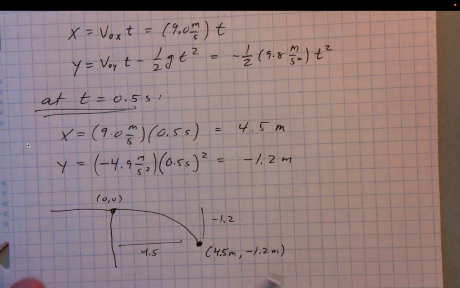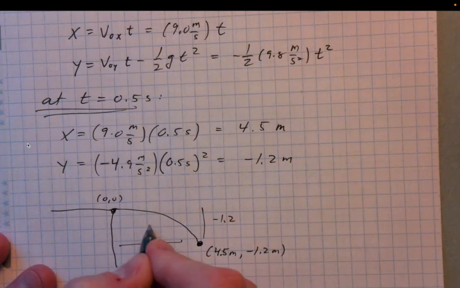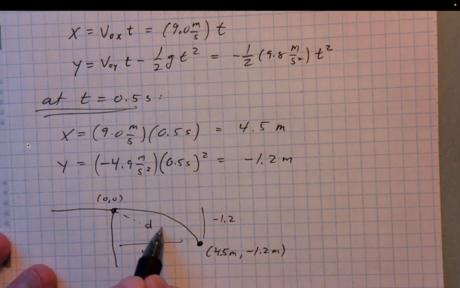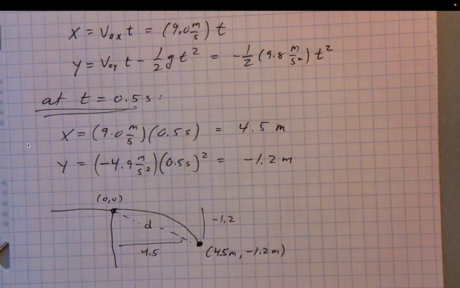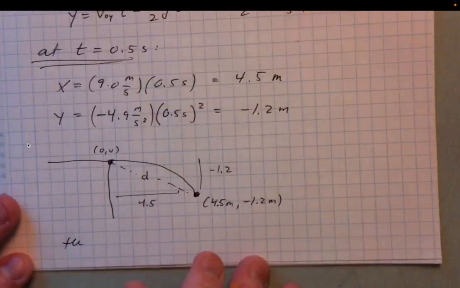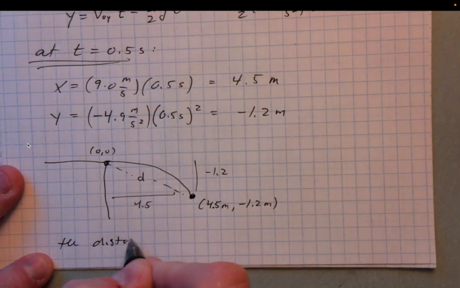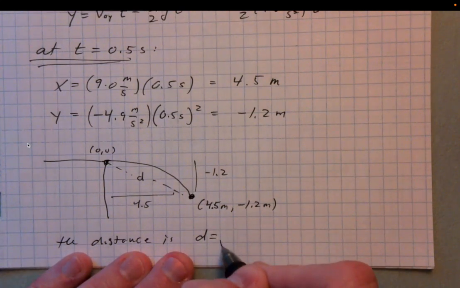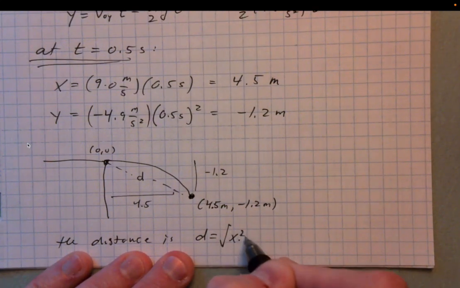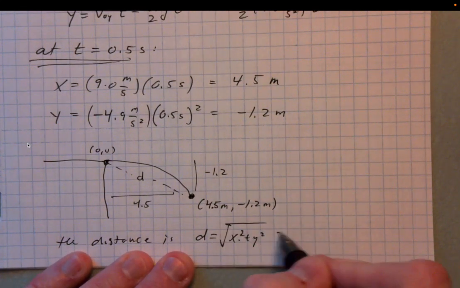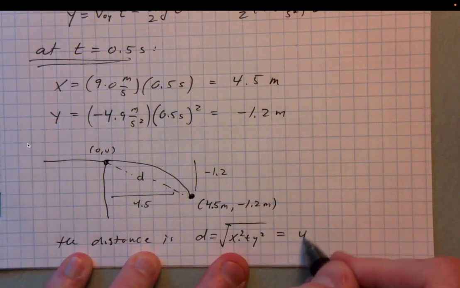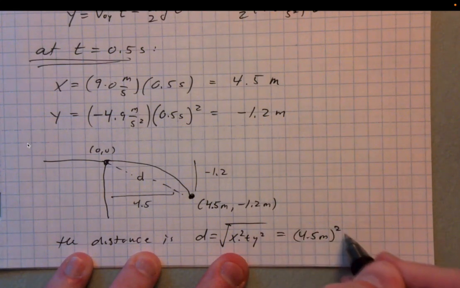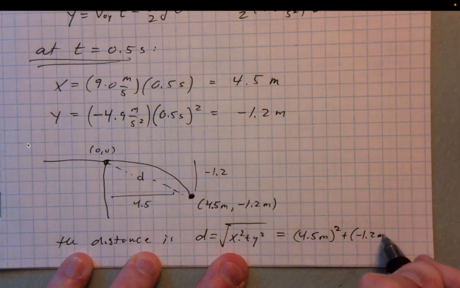Okay. What about the distance from the edge? Well, what is that even asking? The distance is this thing, right? It's the straight line distance. So d is equal to the square root of x squared plus y squared, those being the positions. And so this is just 4.5 meters squared plus negative 1.2 meters squared.